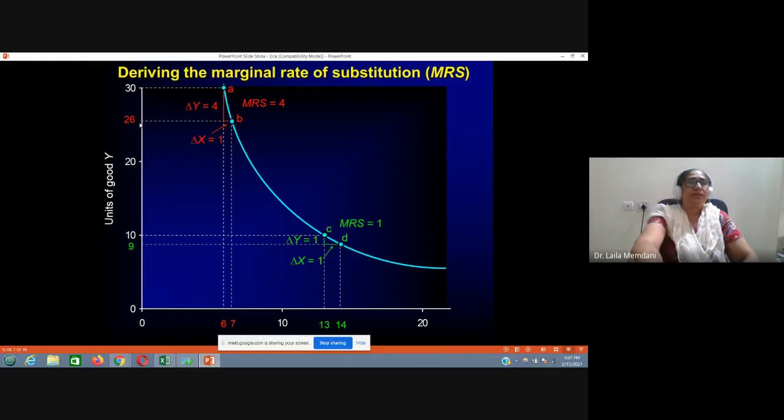So how much is the MRS? MRS is 4 units. If we come down over here, in order to get one extra unit of X, he is ready to sacrifice only 1 unit of Y. So MRS is equal to 1 here. What does it imply? It implies that the marginal rate of substitution is diminishing.